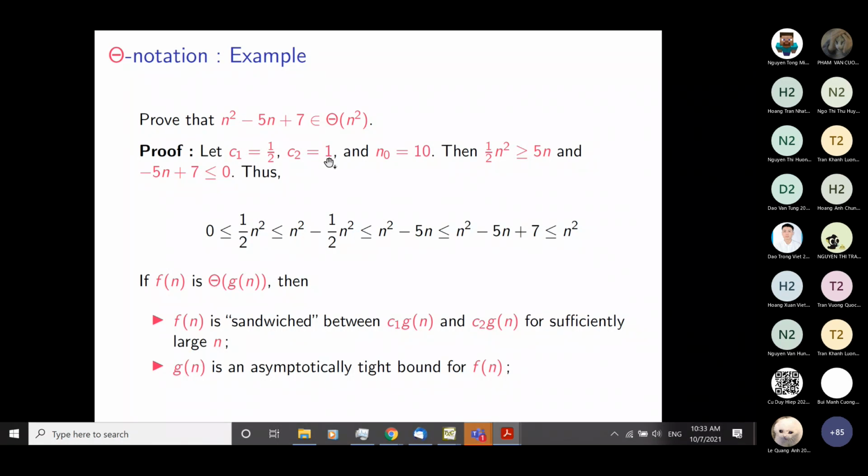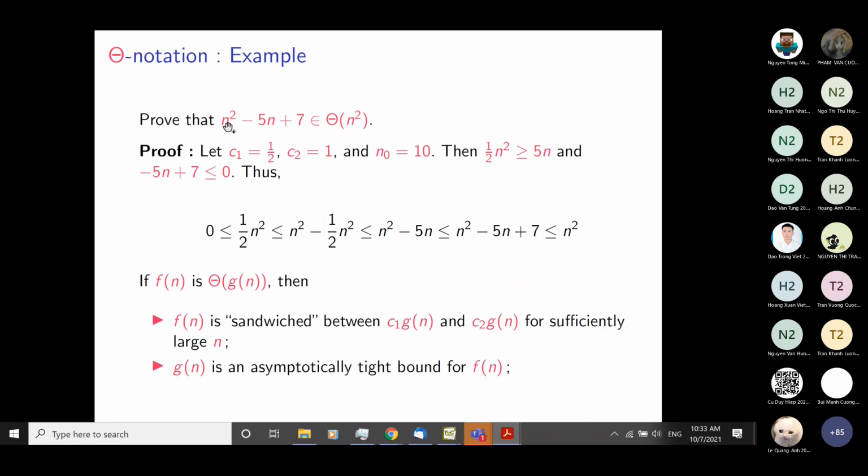Let's see if this is correct. If C2 is equal to 1 and n is equal to 10, this is 100 minus 50 plus 7, 57. And this thing here is 100, so 57 is smaller than 100. And if I increase the value of n, this term always gets larger.